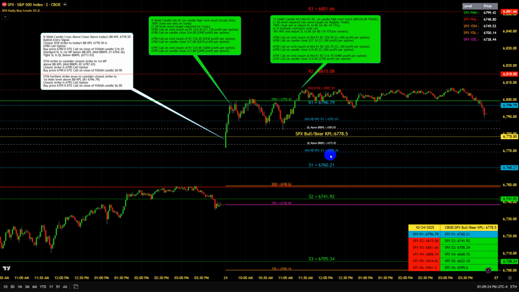So you're not taking trades off of the midpoint levels, those have a different purpose, or the QL above or below levels, those have a different purpose. It would only be off either the main R levels or the main S levels or the main bull bear key price level.